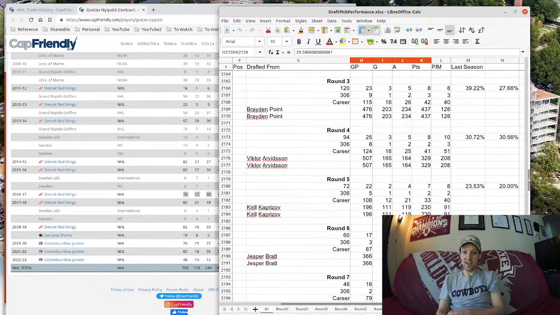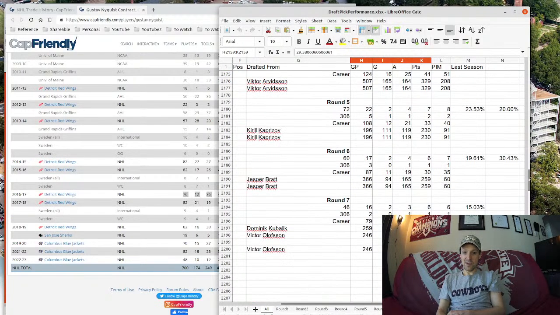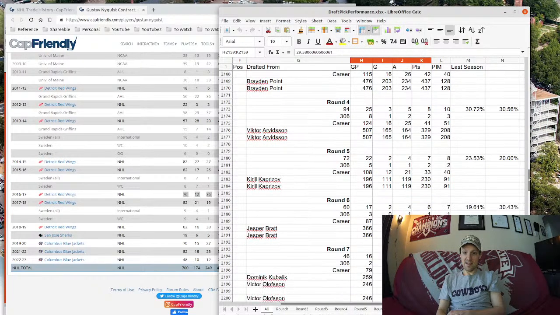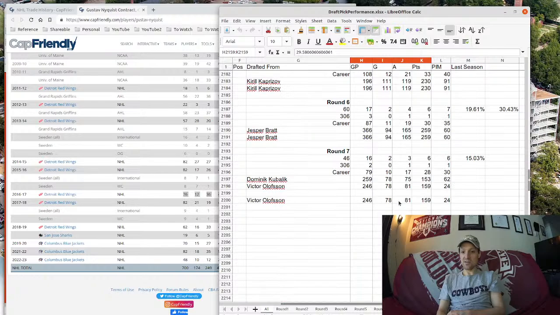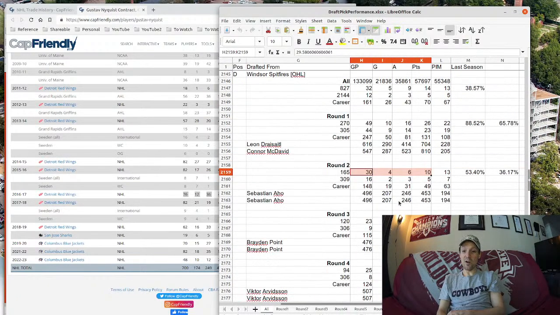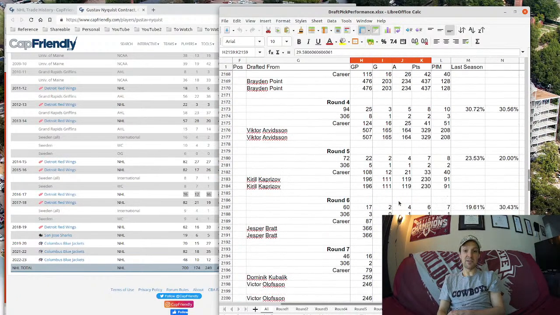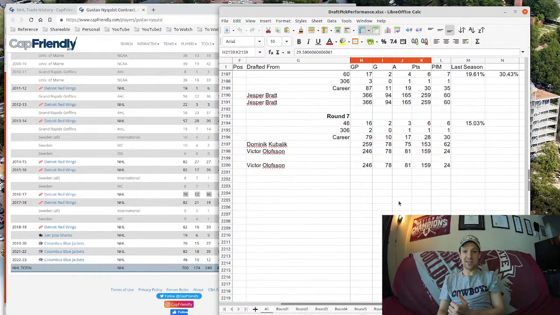Second round and a fifth round, the same, more or less. Sixth round, the same. Seventh round, the same. So really, second all the way down to seventh, it's basically the same. It's just the likelihood of them making the NHL continues to decrease.